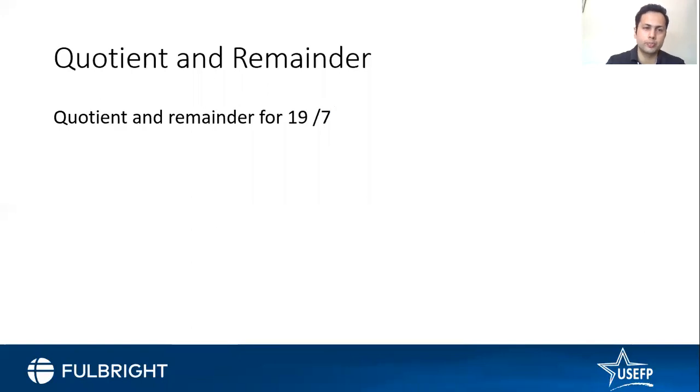The first question is, what is the quotient and remainder for 19 divided by 7? I would like all of you to pause this video each time I give you a question, try to solve it for yourself, and then look at the way of solving it, so that you can test yourself as well while you are in this workshop.